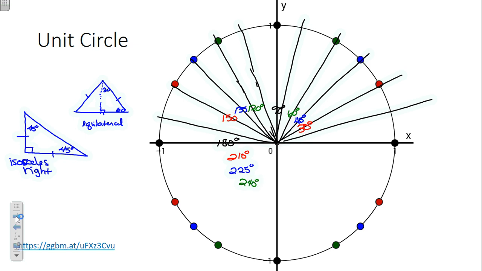And 30 onto that, 240, 270. 270 plus 30 is 300, plus another 15, 315, plus 15. And suddenly we're back to the very beginning, which is the same thing as 0 degrees.